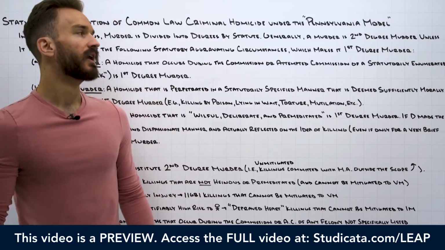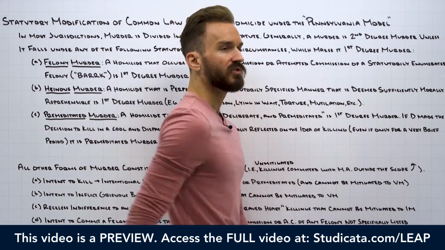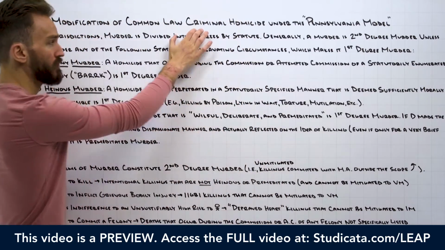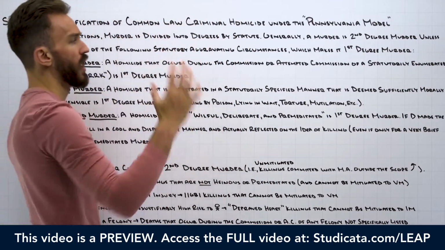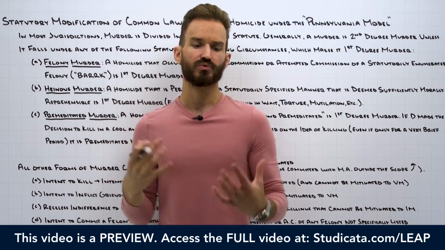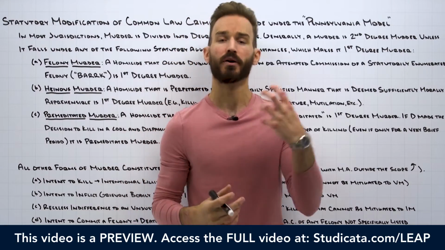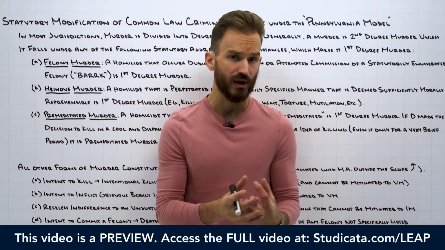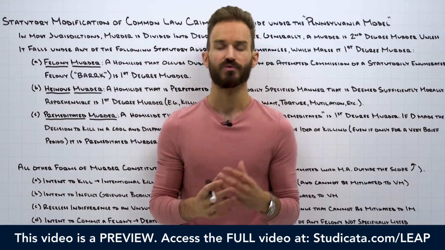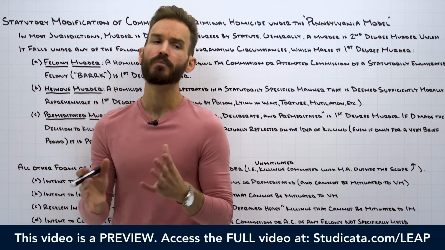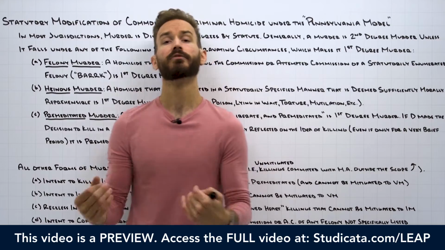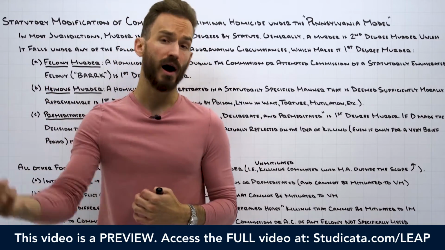The reason Pennsylvania enacted this legislation in 1794, modifying the common law criminal homicide analysis, was that the Pennsylvania state legislature recognized that, based on various facts on a case-by-case basis, some types of murder are more serious than other types of murder and therefore deserve more serious punishments.